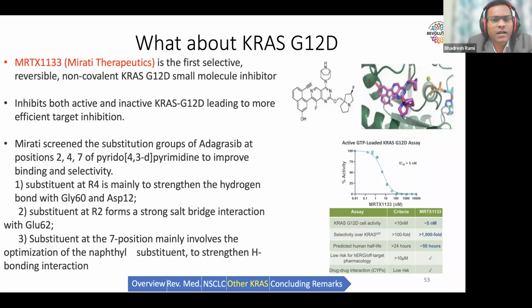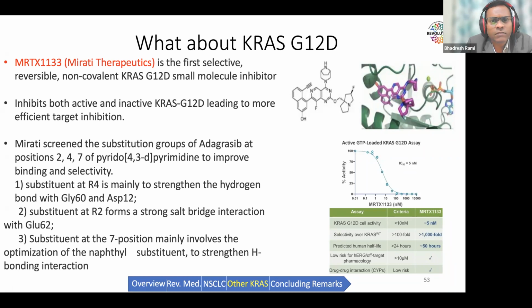And that's achieved by modifications at the 3 sites. One you see on the bottom right of the chemical structure shown there as the position 2, where it forms a small salt bridge interaction with the glutamate 62. On the top you see this modification at position number 4, which also interacts with the aspartate at 12 that's coming from the mutation G12D.